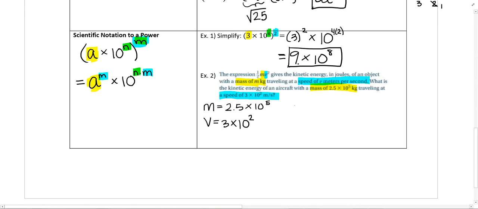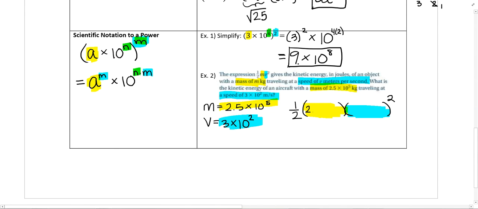So we're going to plug it into this formula. So 1/2 times m times v squared. So m was this number, so that's going to go here. And v is this number, which is going to go here.